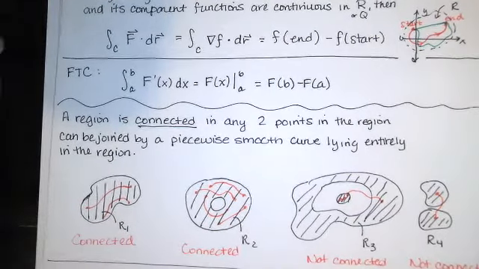Let's actually use this to evaluate a line integral now. And we'll do this over several paths. So let's say this is your field. And let's stay in the plane for right now.